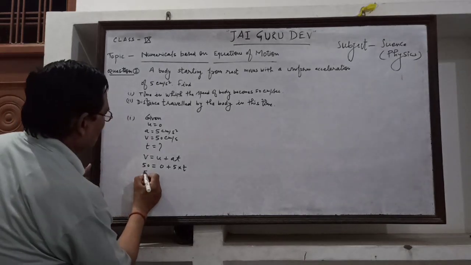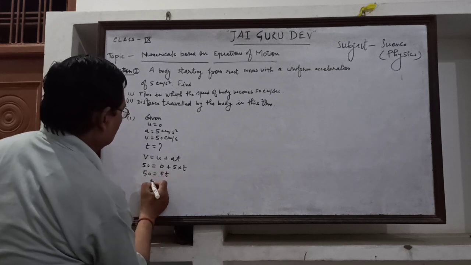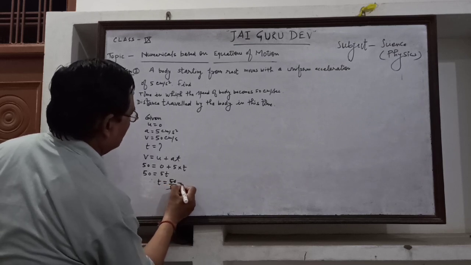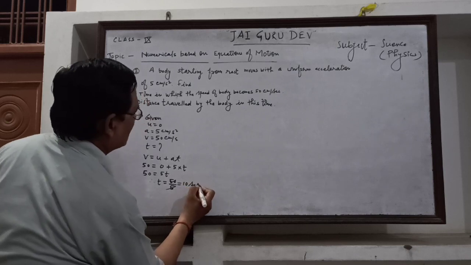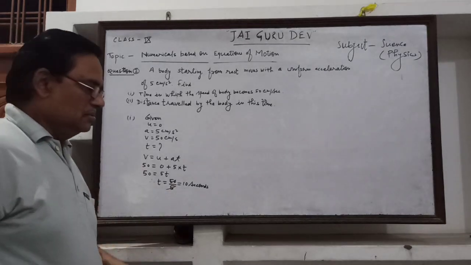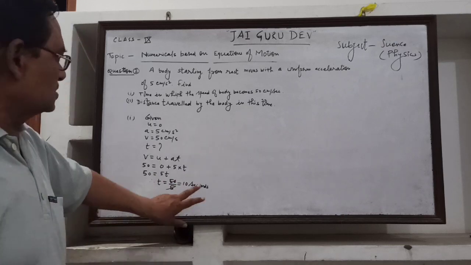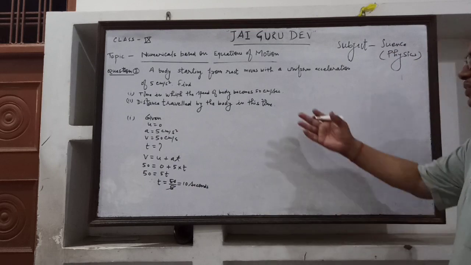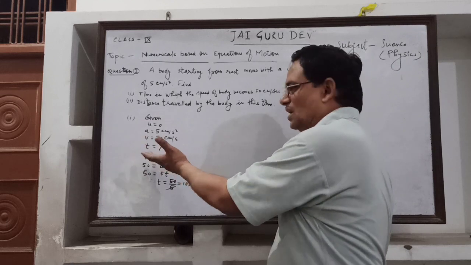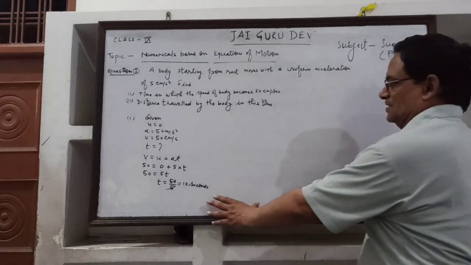Okay, very simple calculation. 50 is equal to 5t, therefore t is equal to 50 upon 5, that is 10 seconds. Do not forget to write the unit. So value of t is 10 seconds. So there should be no doubt. First you write the givens, then apply the formula in the equation of motion and you get the answer. This is the answer of the first part.